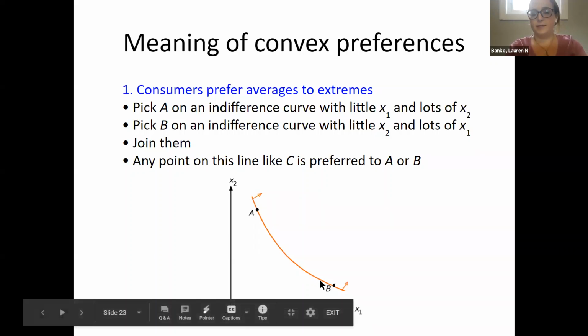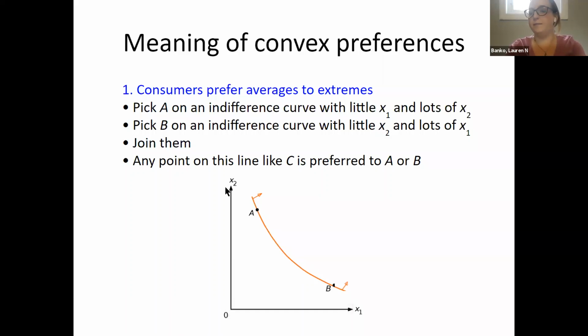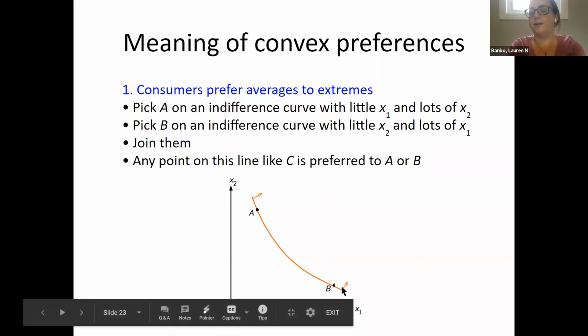So they have this Cobb-Douglas indifference curve, and they have point A, which represents a lot of X2 and just a little bit of X1 at the bottom. And then over here, they have B, which is a lot of X1 and just a little bit of X2. But if we join them together, just draw a line between the two, a point between them, this point C, is going to have a higher indifference curve, a higher utility.